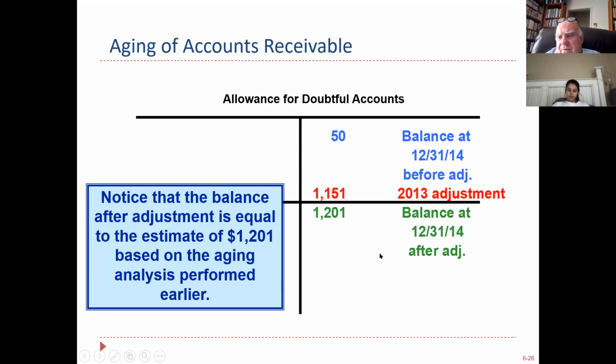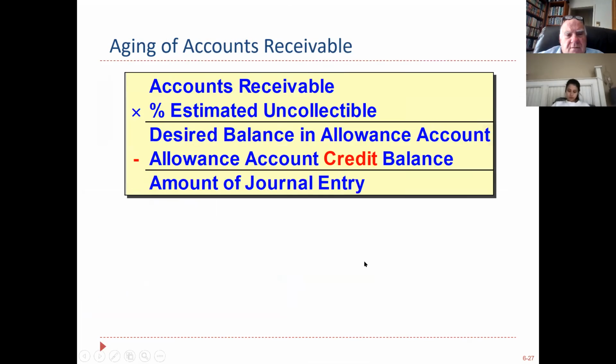No exception to that either. And maybe that little trick will help you guys. Notice that the balance after the adjustment is equal to the estimate of 1201. All right. The aging of accounts receivable. This is just a look at the formula again. Accounts receivable times the percentages gives you the desired ending balance.